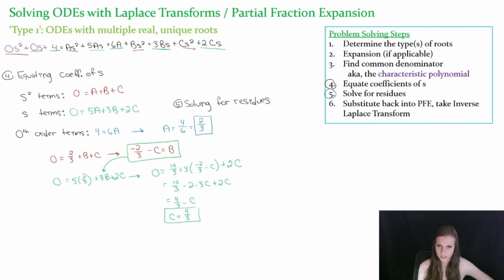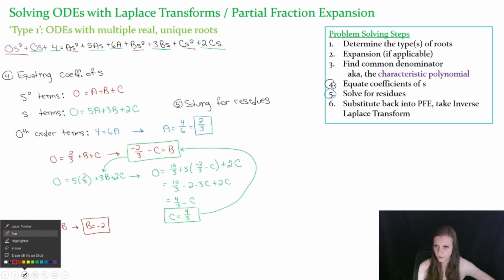Okay, so now I can substitute this back into this equation to solve for b. So that's negative 2/3 minus 4/3 equals b, which means that b equals negative 2.